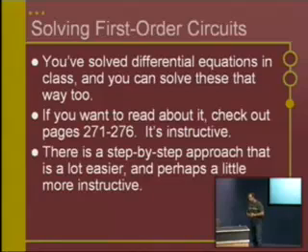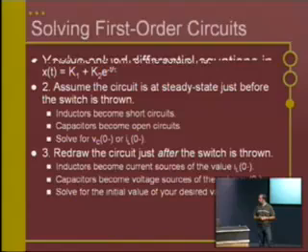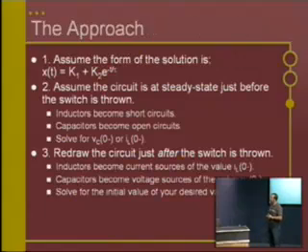The step-by-step method that we're going to continue to use, as opposed to the differential equation method, is pretty straightforward. We're always going to assume that the form of the solution is K1 plus K2 e to the negative t over tau. For all the circuits that we'll look at, that's a perfectly fair assumption. The bullet says x of t, and that indicates this is the form of the solution for any voltage or current within the circuit.